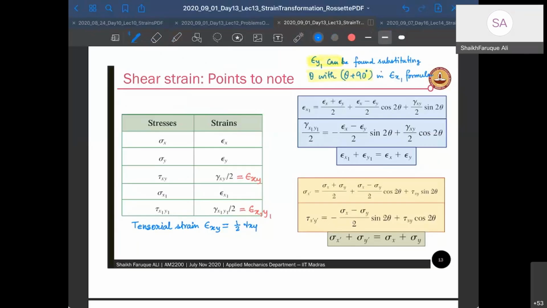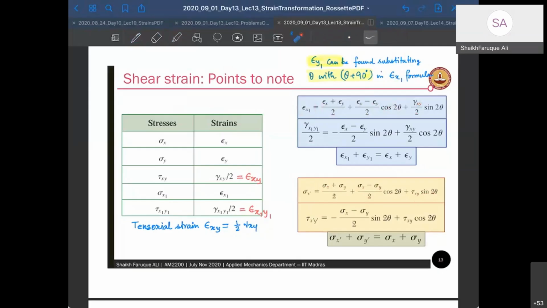Okay, so if I look at these two formulas, epsilon x1 and sigma x dash: epsilon x plus epsilon y by 2, sigma x plus sigma y by 2, epsilon x minus epsilon y by 2, sigma x minus sigma y by 2, cos 2 theta, and gamma xy by 2, tau xy, sine 2 theta.